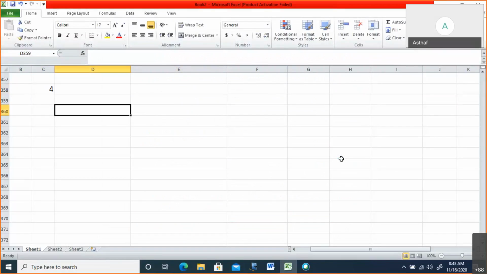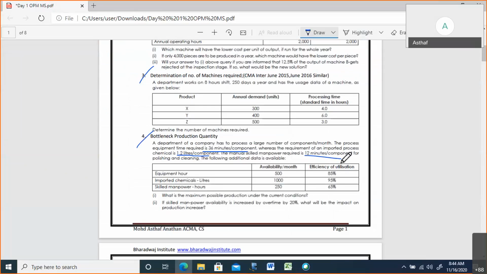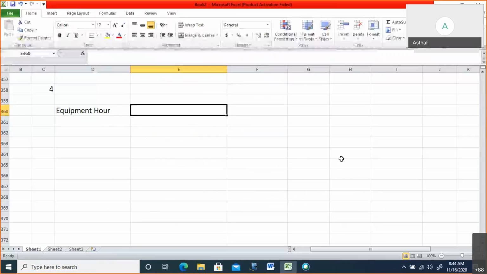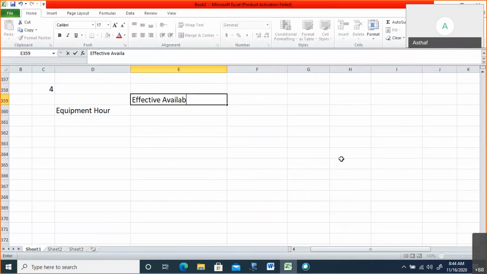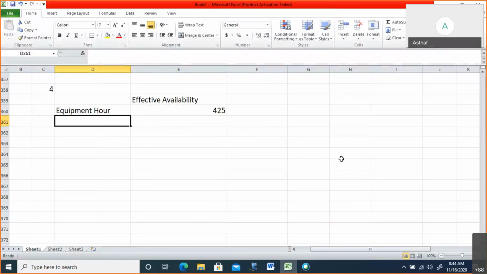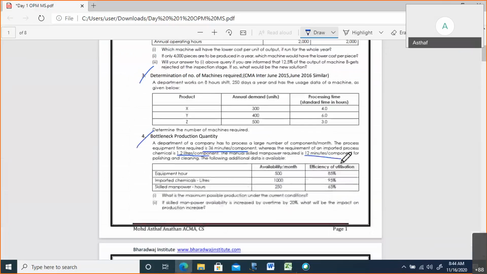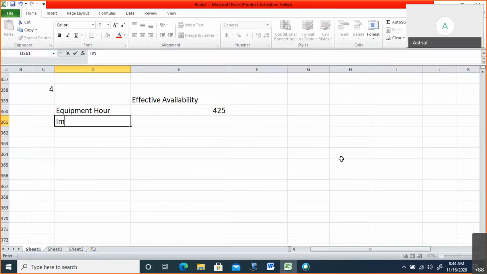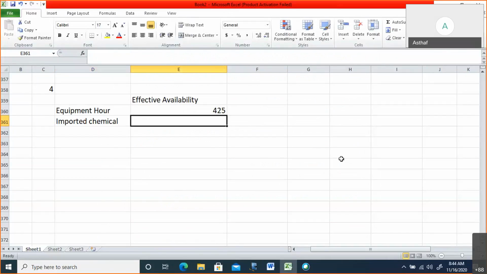What equipment do we have? What is the effective availability? See, you have 500, but we can use only 85%. Next is imported chemical.